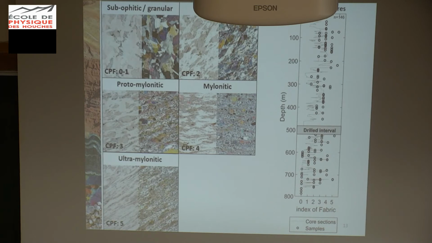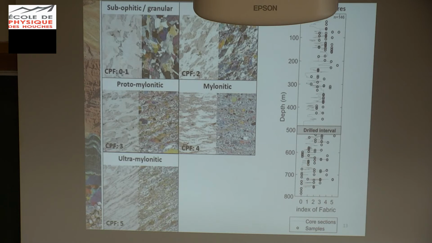So now, if we look at the distribution of the deformation and associated microstructures along the depths in the hole, you have on the y-axis the depths and the microstructures observed on the x-axis. You see that it's really heterogeneous.